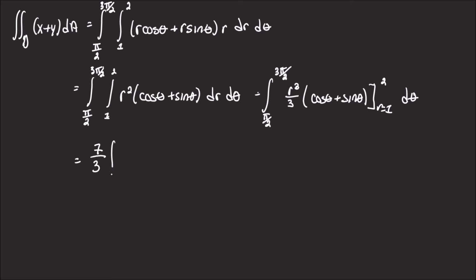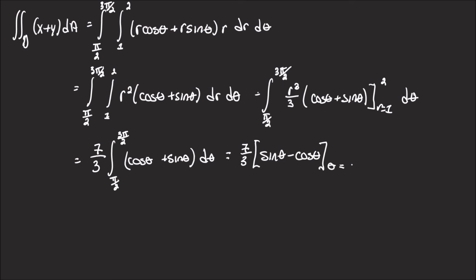So 7/3 times the integral pi over 2 to 3 pi over 2 of cosine theta plus sine theta d theta.